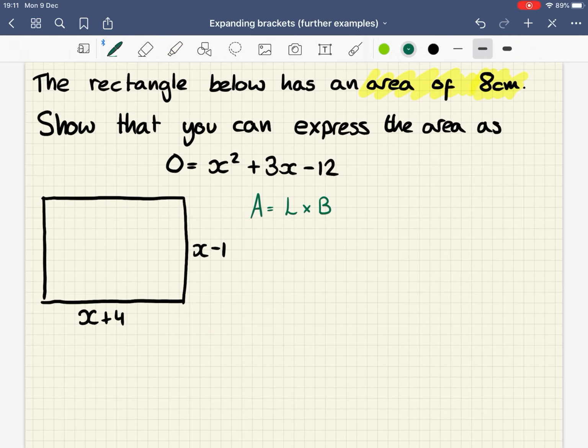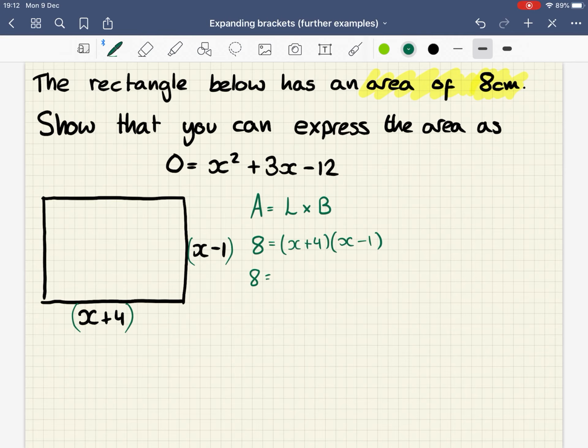So that means we're going to have 8 equals, and we need to think what our length times breadth is as well. If I put brackets around these, that means I can take my length and my breadth to be these. Doesn't really matter what way round it is. Think 2 times 3, 3 times 2. Still going to give you 6 at the end of the day.